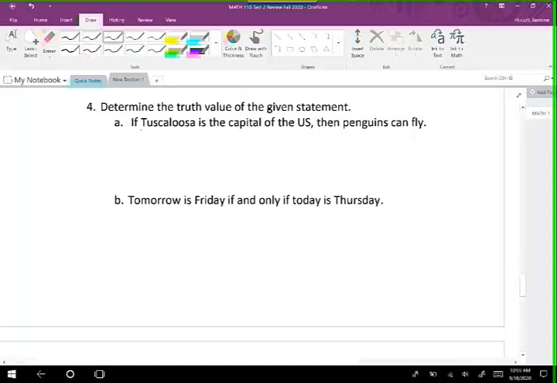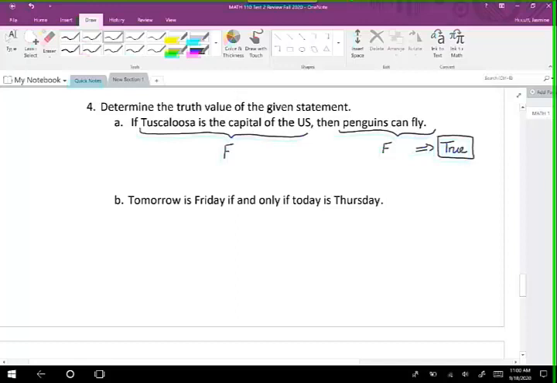So for the first sentence, we have if Tuscaloosa is the capital of the US, then penguins can fly. Okay. So Tuscaloosa is the capital of the US. That is a false statement. We're not even the capital of Alabama, so we're definitely not the capital of the United States. And then penguins can fly. That is a false statement. So we have if false, then false. And this is one of those weird things where that turns out to be true.